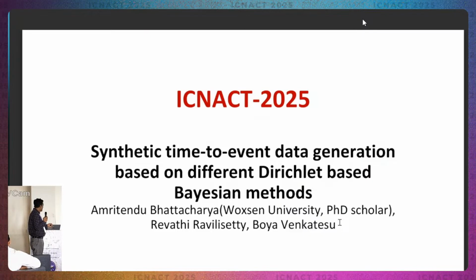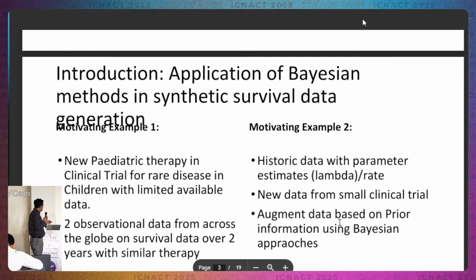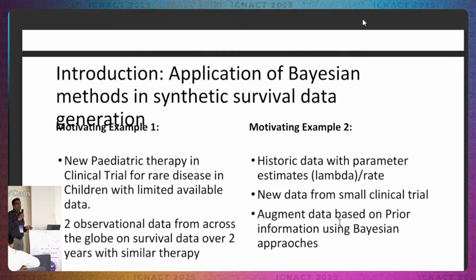Coming straight to what motivates this: in the industry, we always face the issue of sample size estimation based on limited data availability. It is also a problem getting access to data due to patient safety and privacy issues that are normal in the industry.